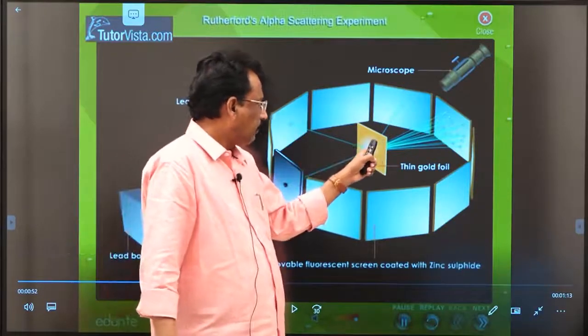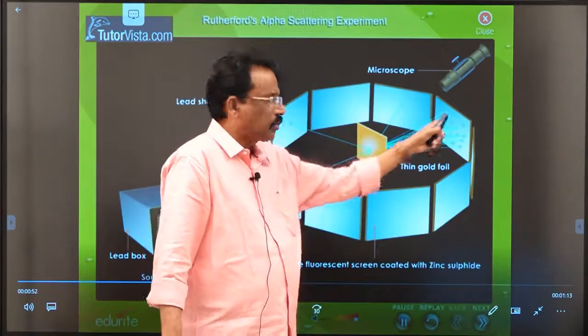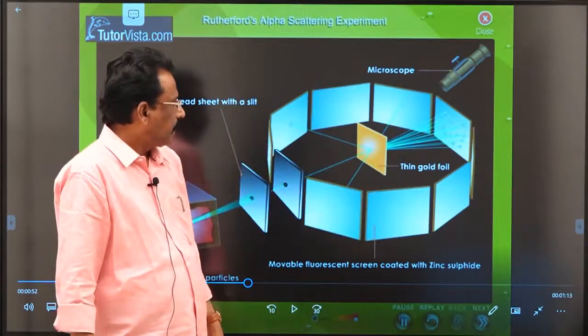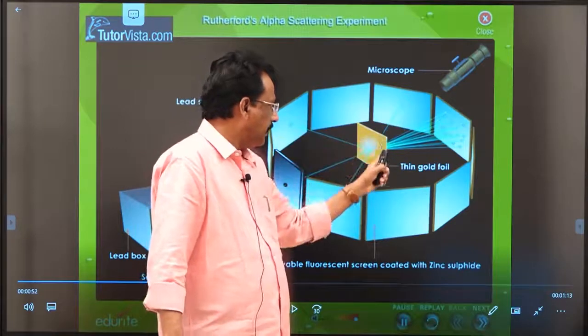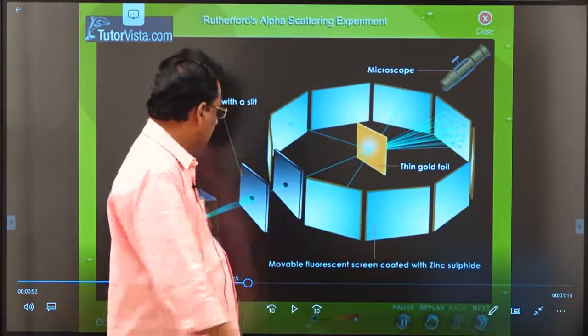Some of the alpha particles pass directly through the gold foil, and very few alpha particles are scattered at smaller angles.